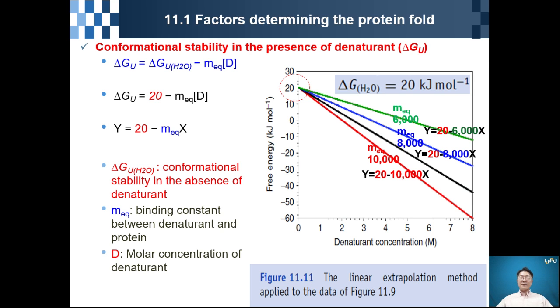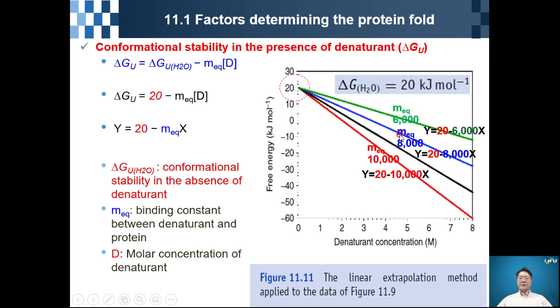Okay, so what's the meaning of this graph? For example, the red curve, where the MEQ was 10,000, means that the denaturant can strongly bind to the proteins. So the conformational stability decreases very quickly, like this.